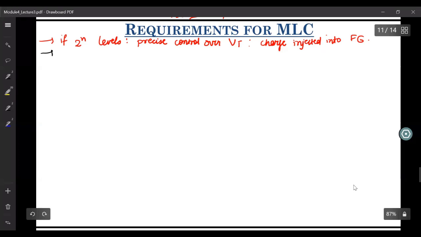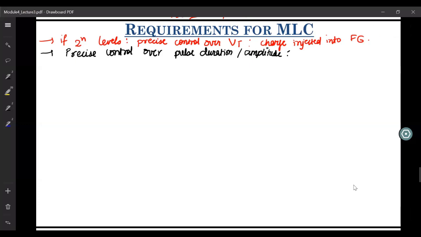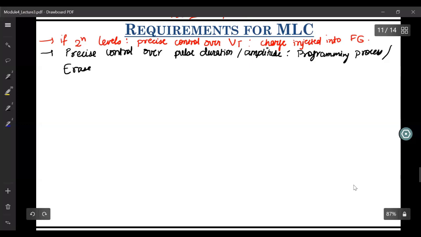So this simply translates into a precise control over pulse duration and amplitude, or it means that your programming process or even the erase process should be very efficient.